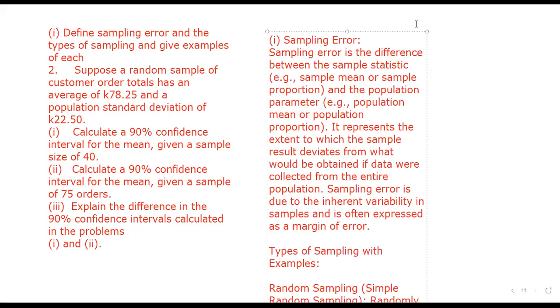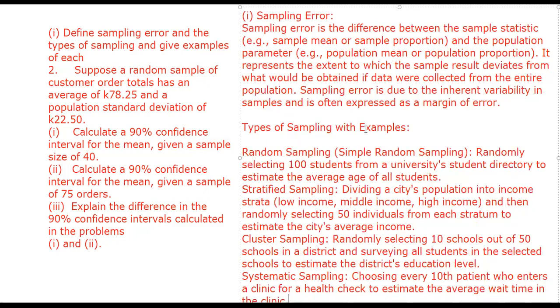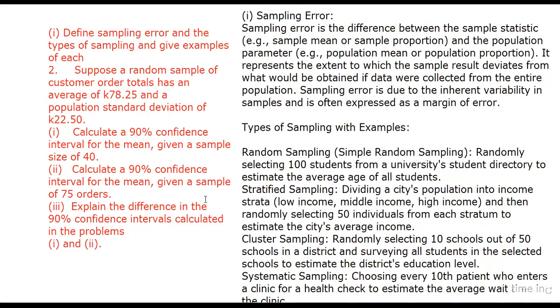Examples of them, we're just mentioning them. So sampling error is simply the difference between the sample statistic and the population parameter.